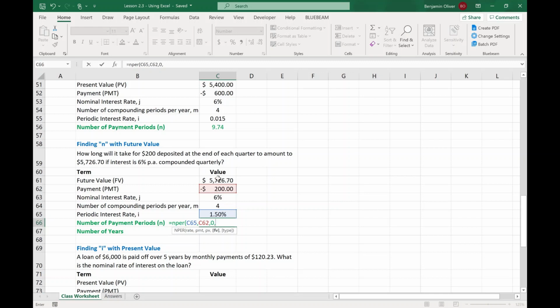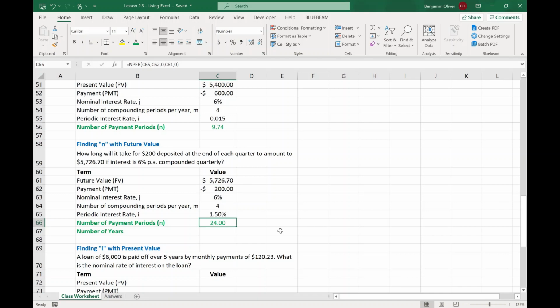Future value, we do know, so we can select that cell. Again, it's optional because you don't input both. You usually input one or the other. Next, our type. Okay, it's not an annuity due, so we type in 0 for end of the period and press enter. So our number of payment periods here is 24.